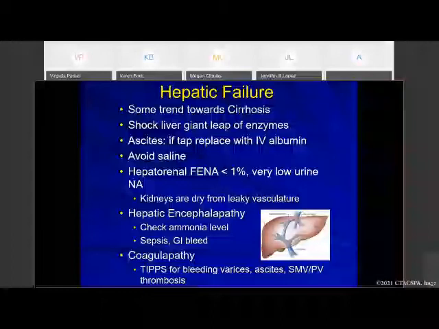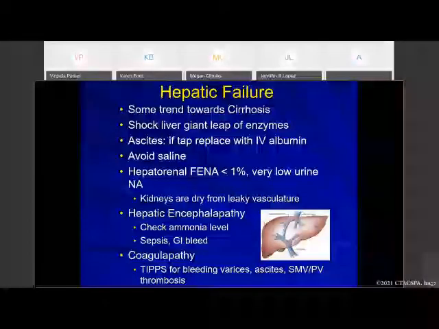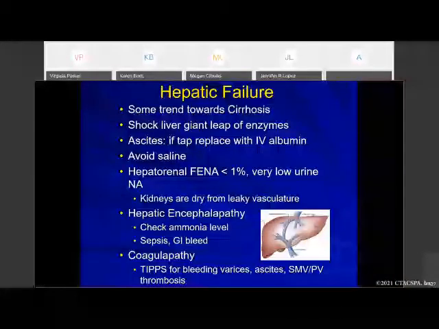It could be 0.8 centimeters. They adjust the width of the stent depending on how much shunt they need, which is basically a portocaval shunt done via the internal jugular vein. Use TIPS for someone who has bleeding varices, ascites, and portal vein thrombosis. We had a patient like that, and they used the TIPS, and it kind of helped with the superior mesenteric vein thrombosis.